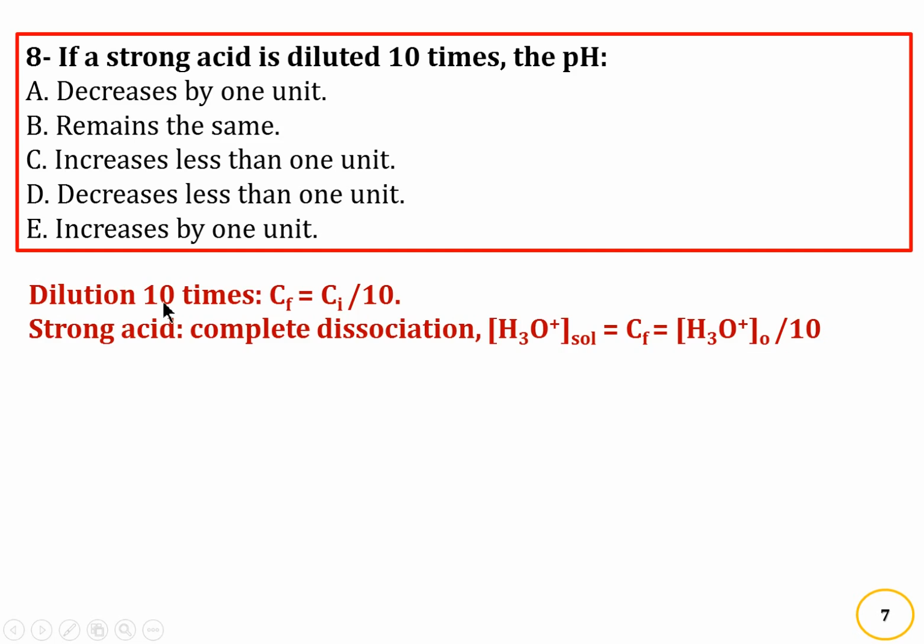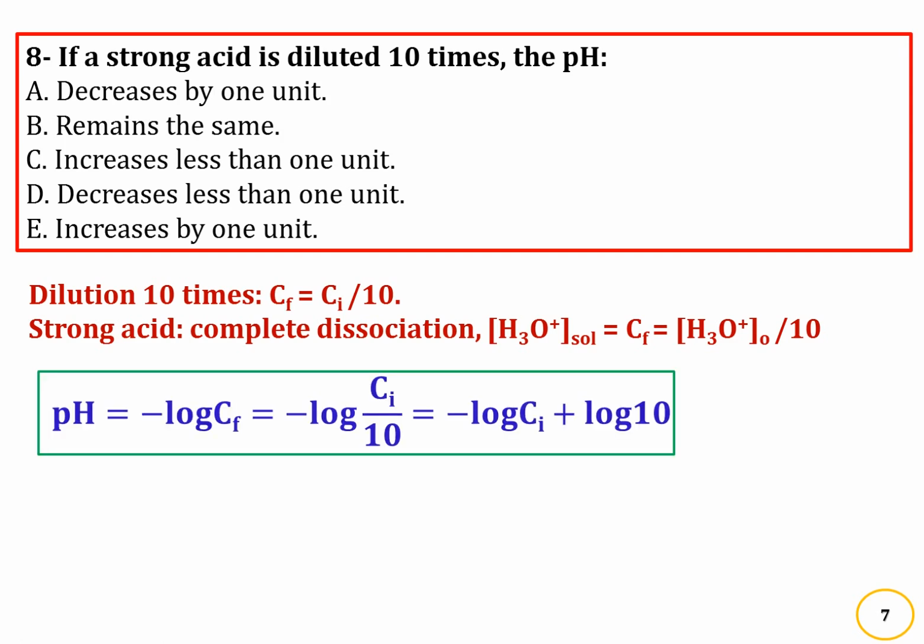So we have dilution 10 times: C initial times V initial equals C final times V final, and the dilution factor equals 10. So C final equals C initial divided by 10. What is the formula of the pH that can be applied?